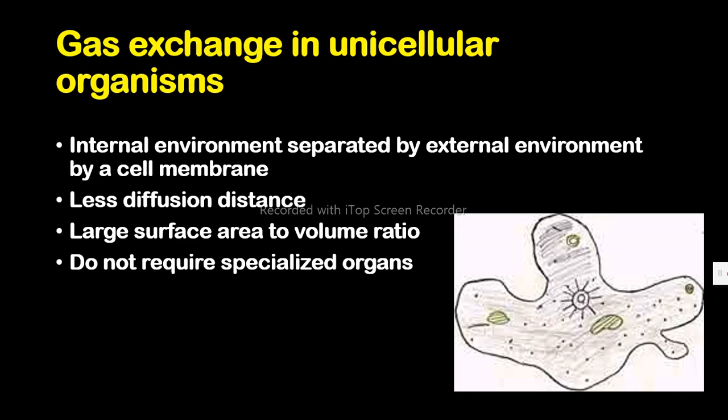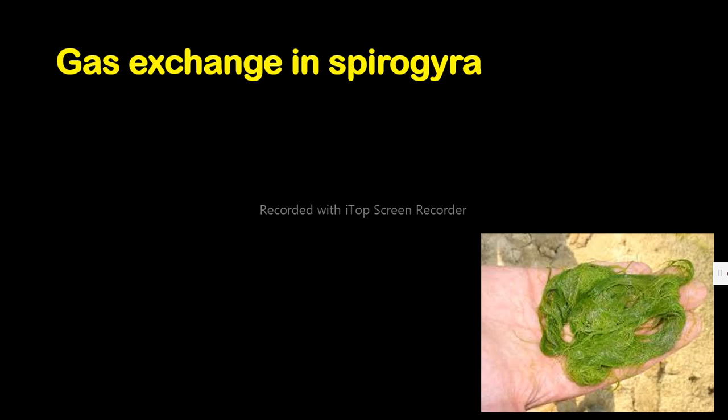Respiratory gases just cross one membrane and they are inside your internal environment, and the carbon dioxide just crosses one membrane and it's outside. Because of that, they don't require a specialized gas exchange apparatus.